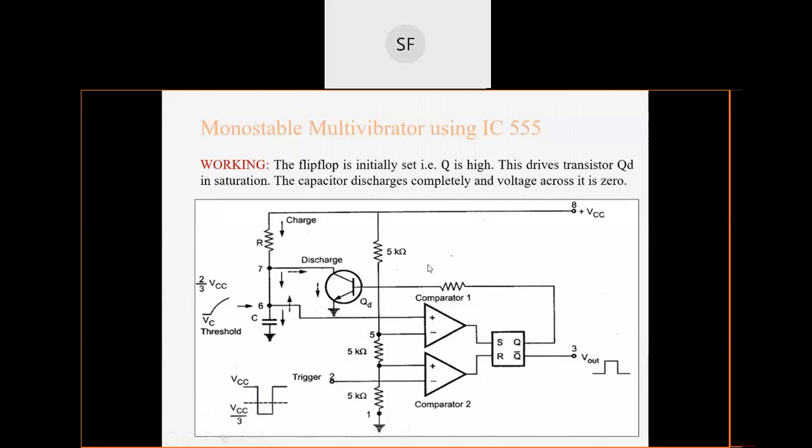In order to start explaining the working, you have to assume one thing: that the flip flop is initially set. Why are we assuming this? Because we are assuming which one is our stable state.